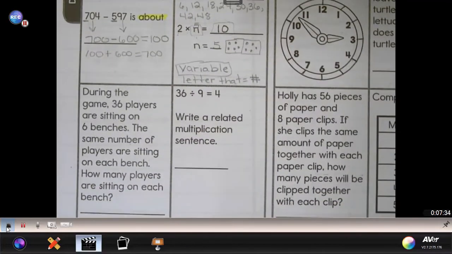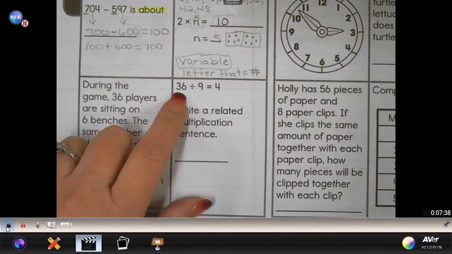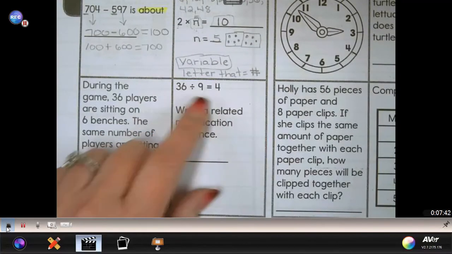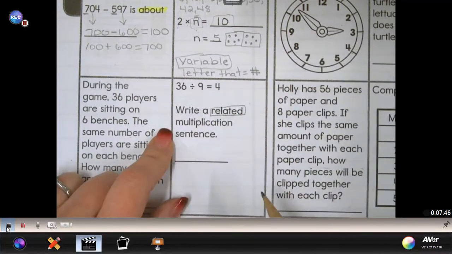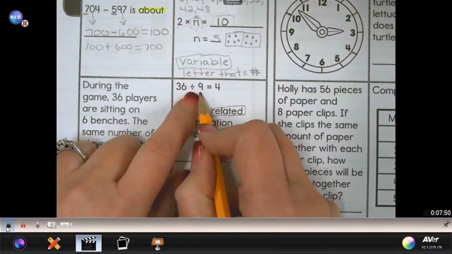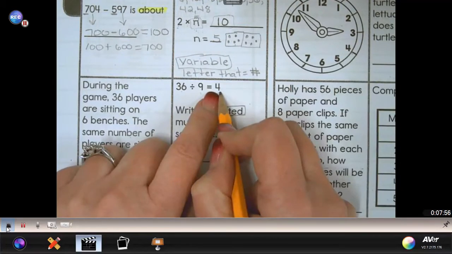I'm going to skip our word problem for just a moment, and I'm going to go to 36 divided by 9 equals 4. Well, we want a related multiplication fact. So if I took 36 objects and I put them into 9 equal groups, that would tell me I'd have 4 groups of 9.